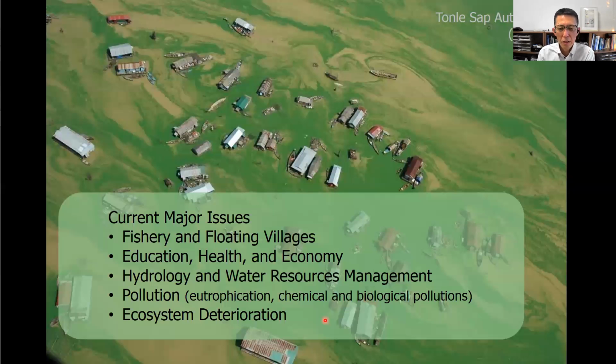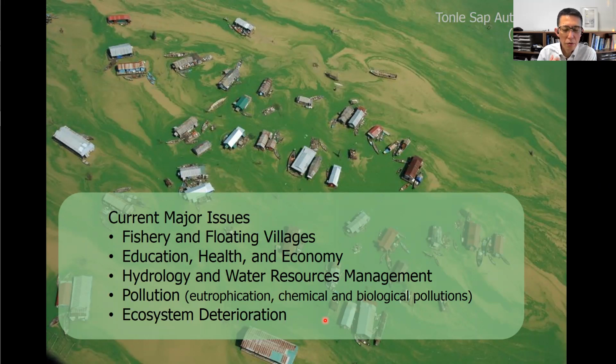On the other side, we can also observe environmental degradation. Unfortunately, the fish catch is decreasing recently, and we have issues in education, health, and economy, particularly in floating villages, because their income is basically limited to the fishery.